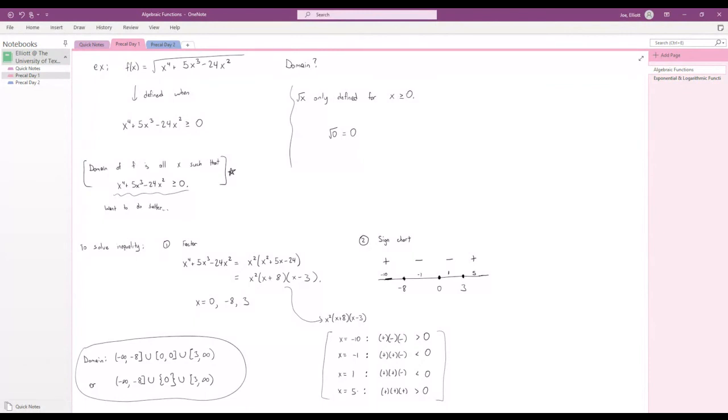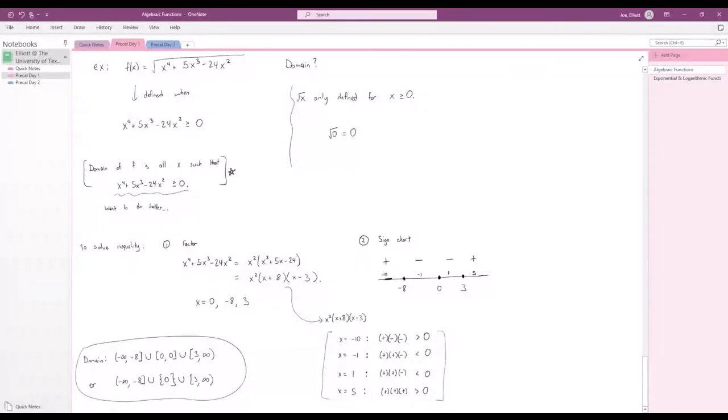Yeah, so then for the square root function, since it is okay to have 0 under the square root, for functions like this, the domain is wherever the inside is greater than or equal to 0, okay?